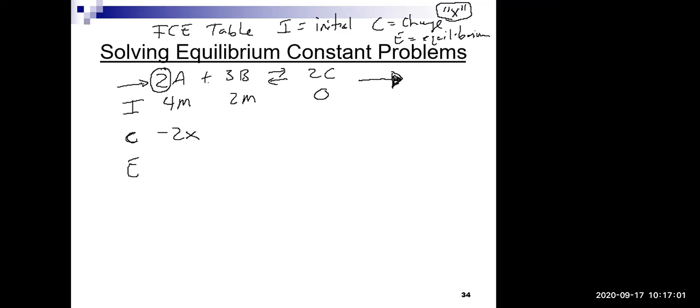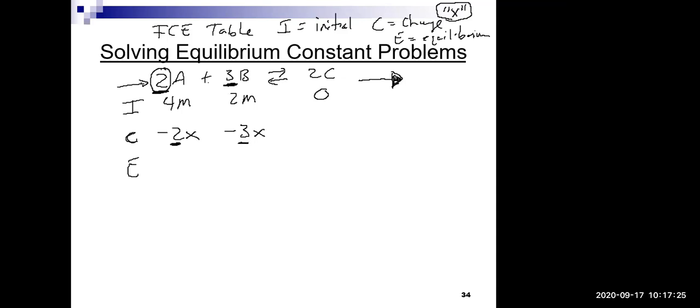So it's really important that you put the 2 here in this particular example. Again, if you don't do that, you will not be taking into account the mole to mole relationship, and you will not get obviously the right answer when it's all said and done. We will also have minus 3X in this example, again, because of the 3 that is here. You do need it there as well to take into account.